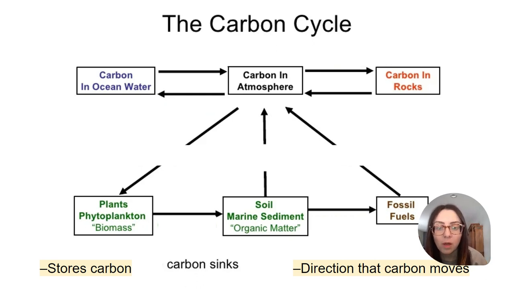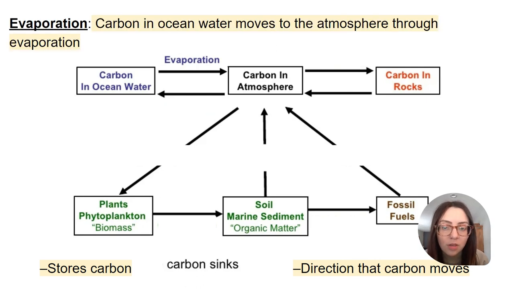Okay, so let's look at some of the processes that happen here. We have carbon can evaporate from ocean water and go into the atmosphere. Okay, it's probably going to do so as CO2. So evaporation, carbon in ocean water moves to the atmosphere through evaporation.